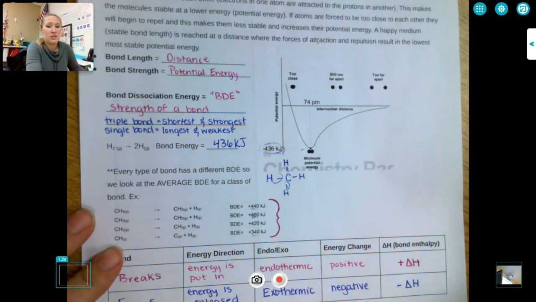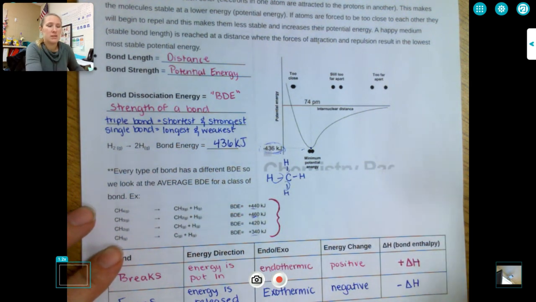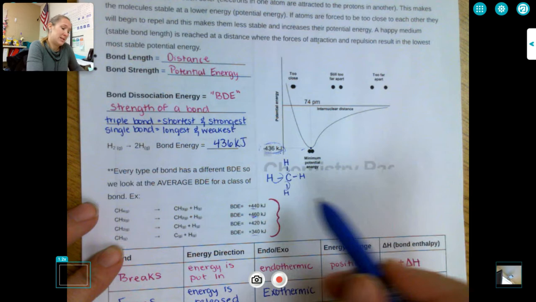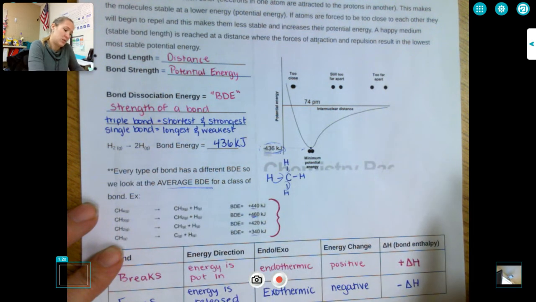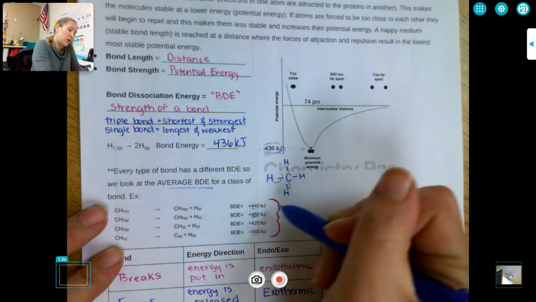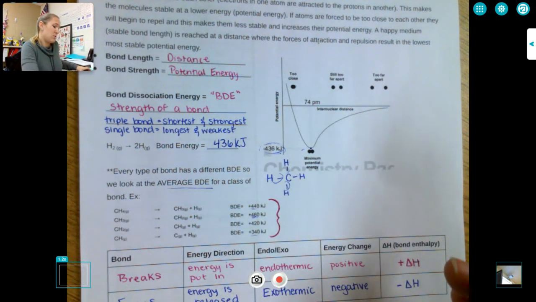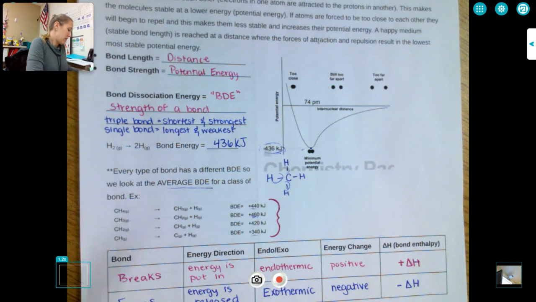But if I were to have to look at every single one and think about, was this the first one or the second one or the third one, it would get to be quite a bit. So what we do instead is we take the average bond dissociation energy for a class of bonds. We could look at each individual carbon-hydrogen bond, or we could instead take the average.